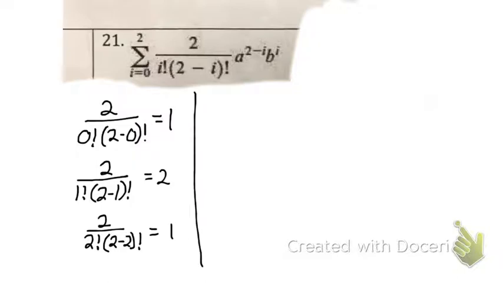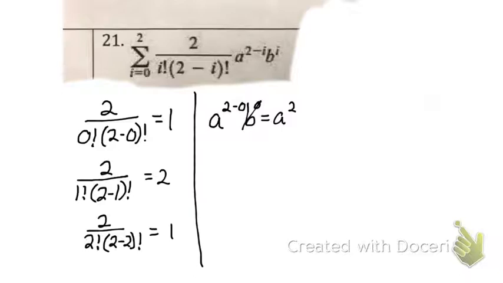Now I'm going to talk about the term after it. The term after it just includes the a and the b. So when I plug in a 0, we're going to have a squared minus 0, b to the 0. Well, b to the 0 is just 1, so that's just a squared.